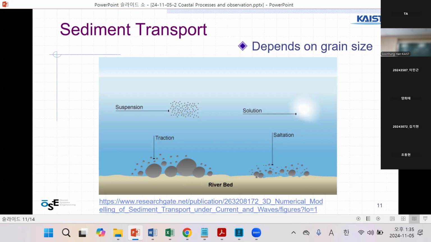The visibility is not good, right? So when you go to the Yellow Sea of South Korea, usually there is much mud there, so you cannot have long distance views.